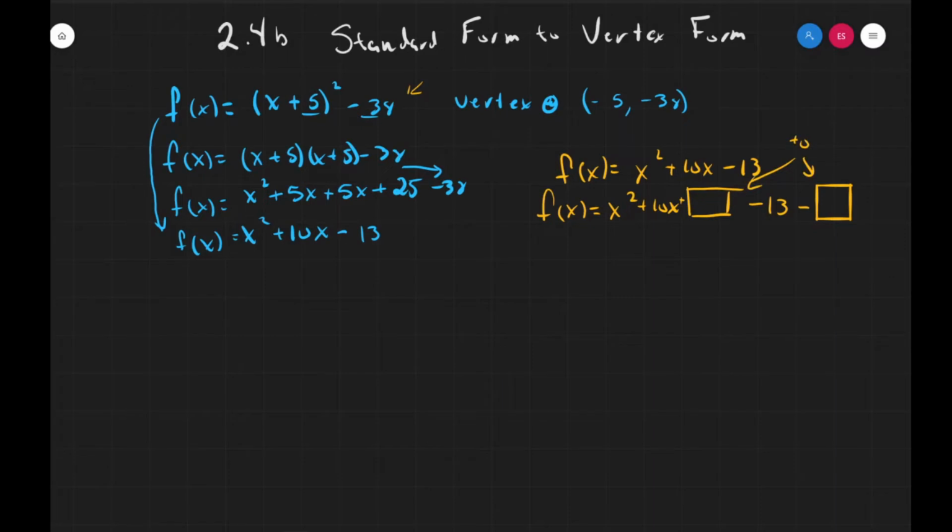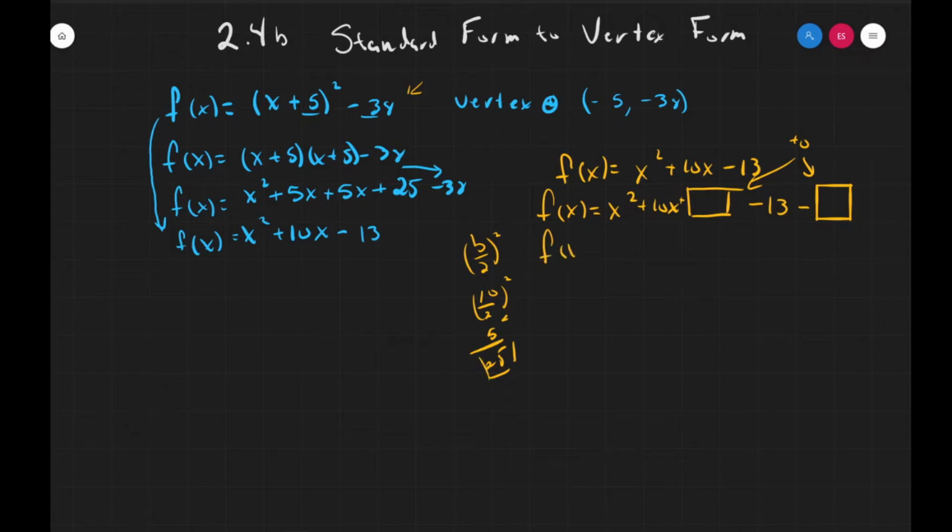So we're going to use that completing the square idea, where we take b over 2 and we square it. Okay? So in this case, b is 10, so 10 over 2 squared. It's going to be 5 squared, which is going to be 25. So that's the number that we're going to put in those boxes.